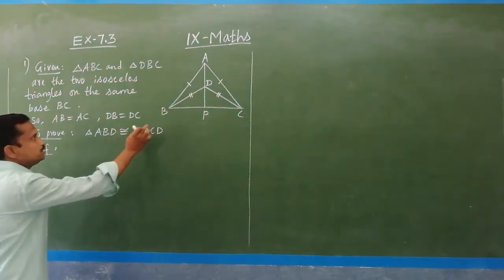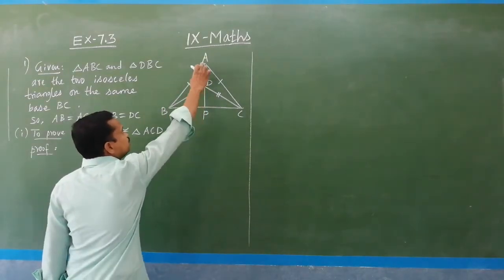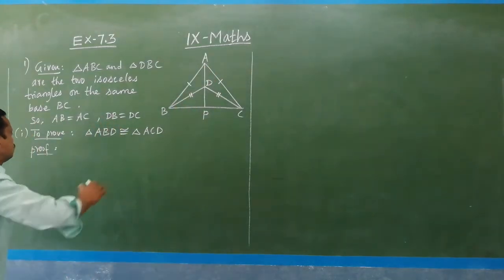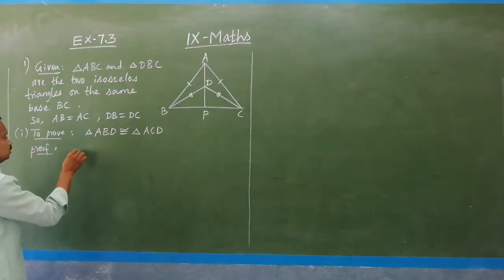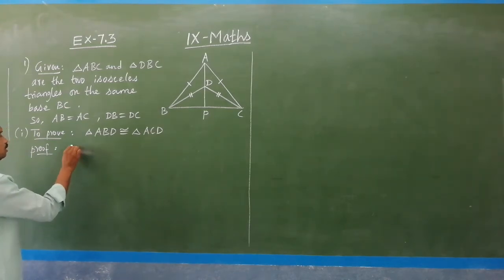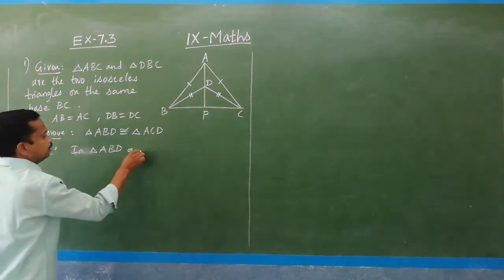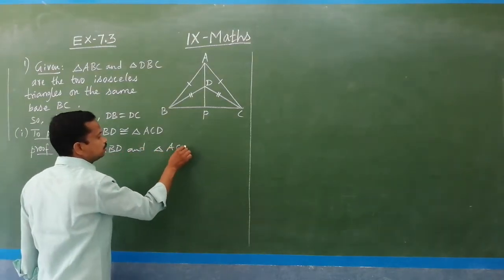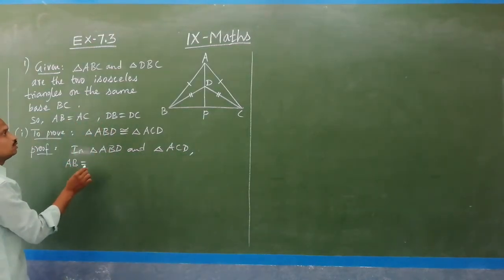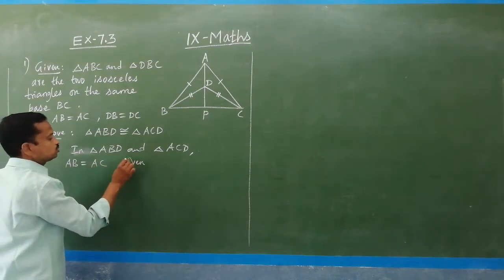So just take ABD, this triangle, and ACD, this triangle. These two triangles you have to take. So in triangle ABD and triangle ACD, what are the things we can collect? AB equal to AC, given because it is an isosceles triangle.